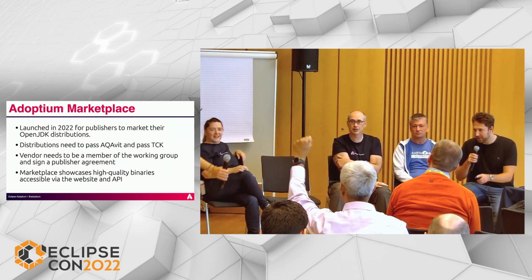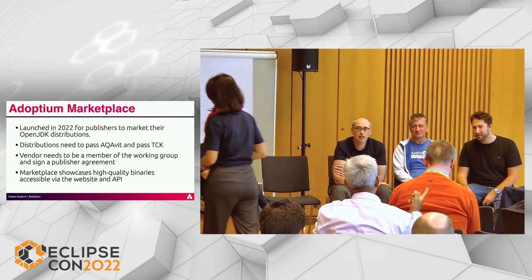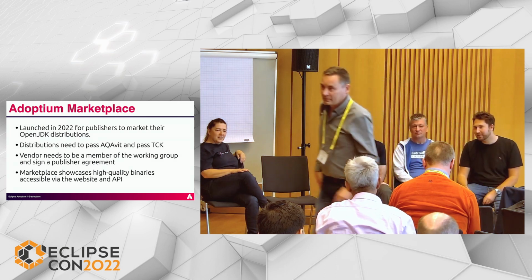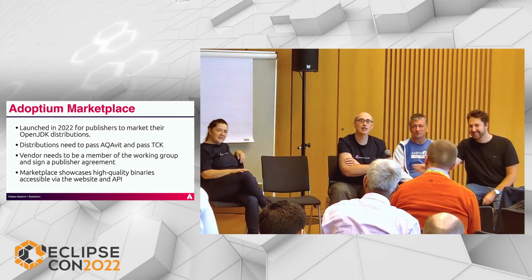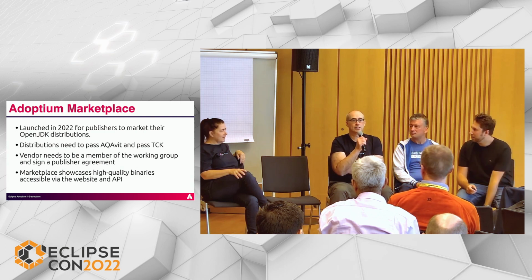Oh, we've got a question. Go on. We'll take a question. Since you said it has to pass TCK, but since it's based on OpenJDK, why wouldn't it pass TCK? I mean, because with OpenJDK it should have passed TCK by itself, right? Ideally, yes.